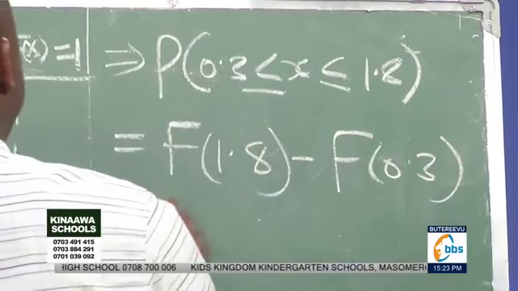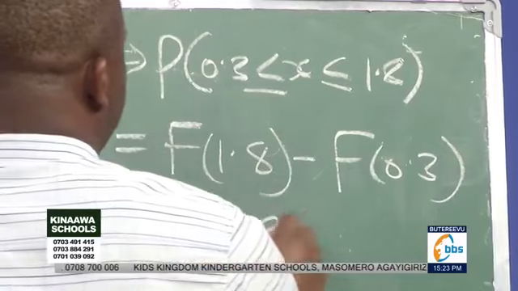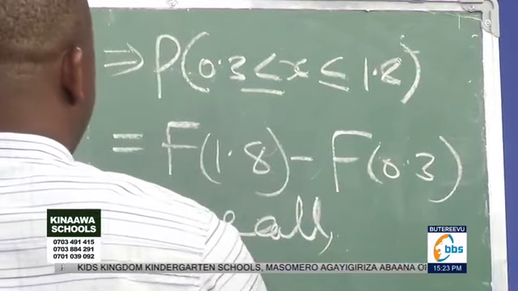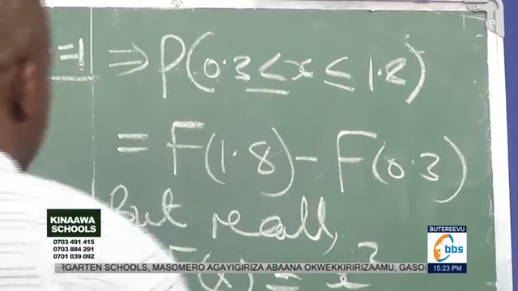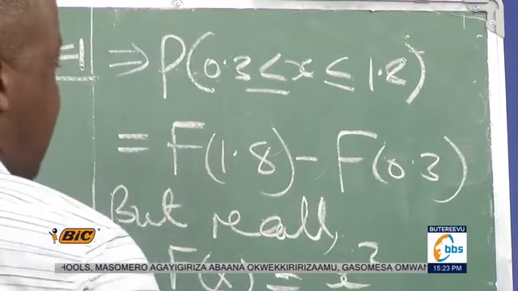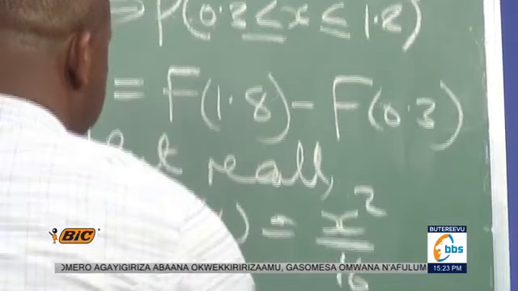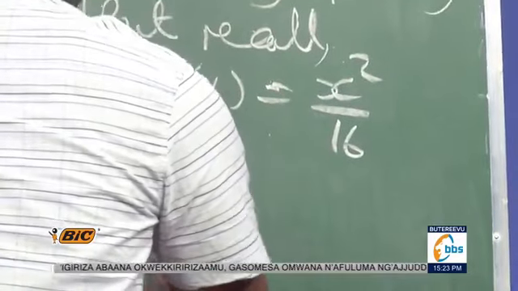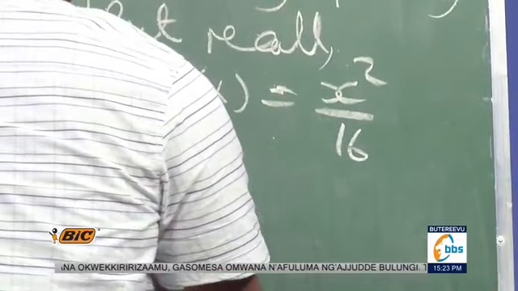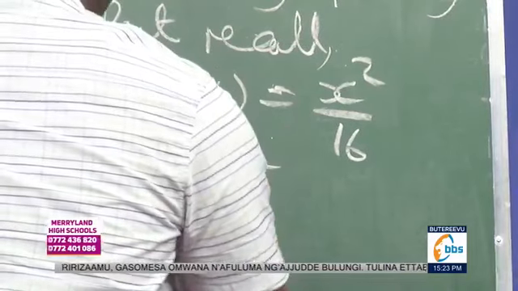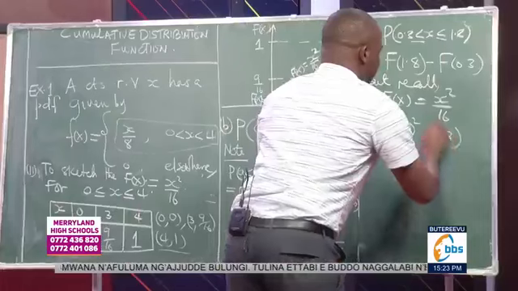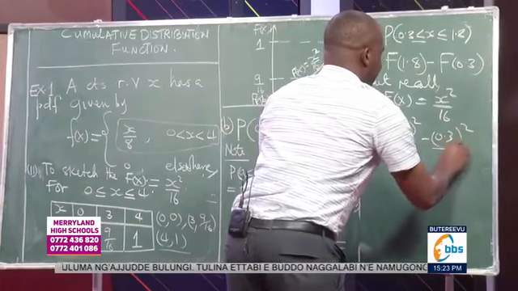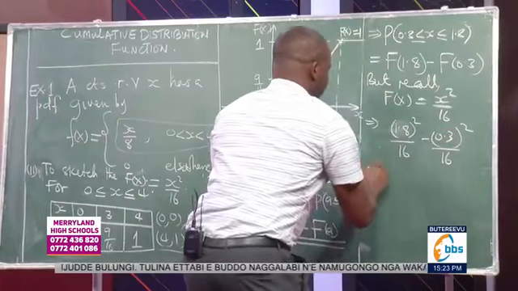But remember that our F of X is X squared out of 16. Therefore, it implies that our probability will be 1.8 squared out of 16 minus 0.3 squared out of 16.